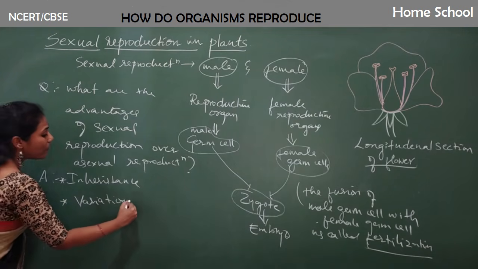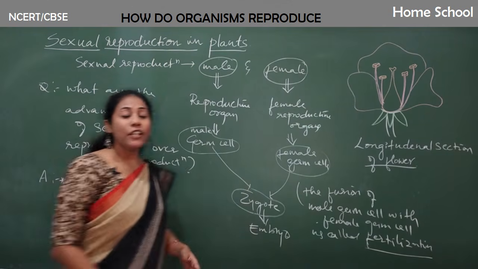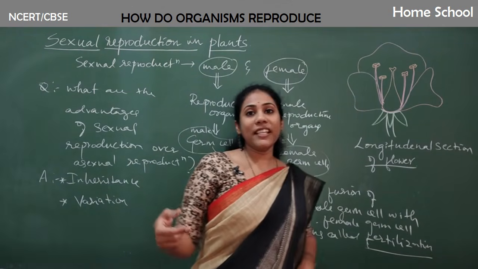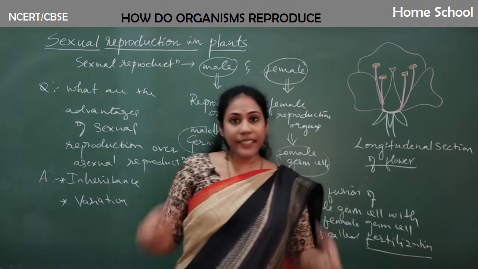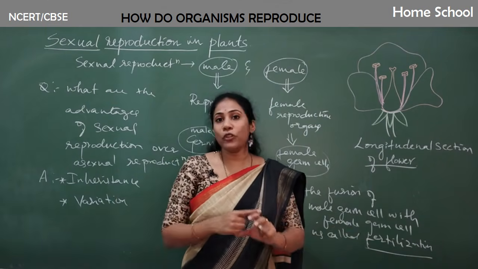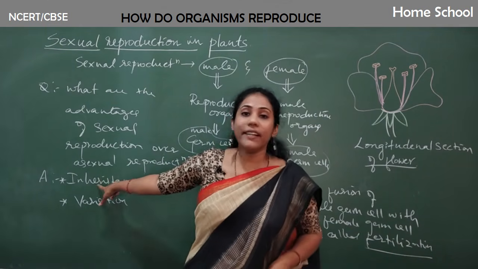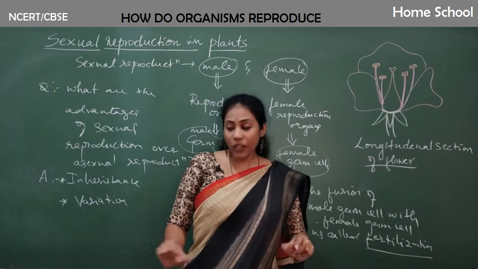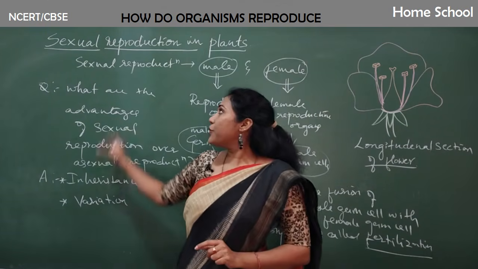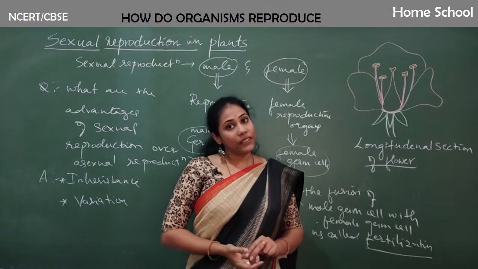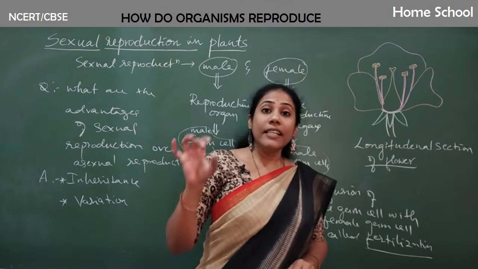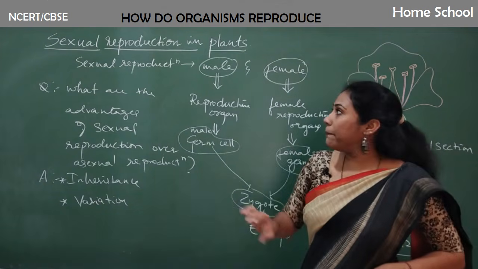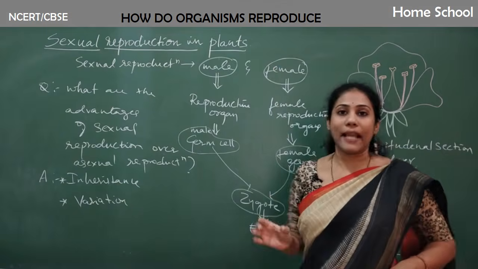What are the uses of variation? We have already discussed everything, so I am not going into detail with the words inheritance and variation. This is the main advantage of sexual reproduction. And now let us quickly go to the topic of sexual reproduction in plants.